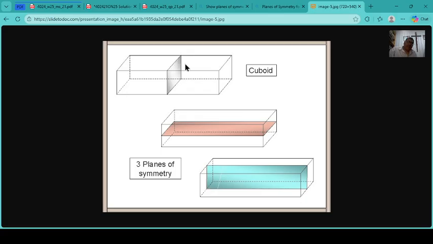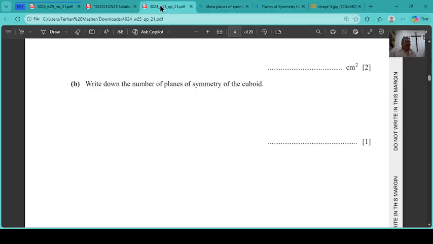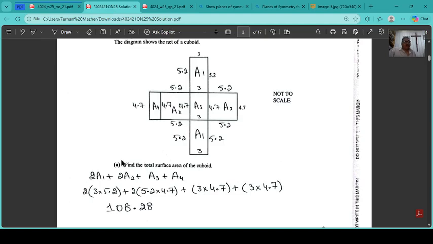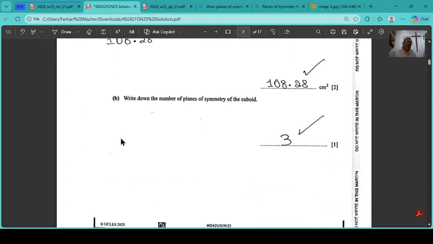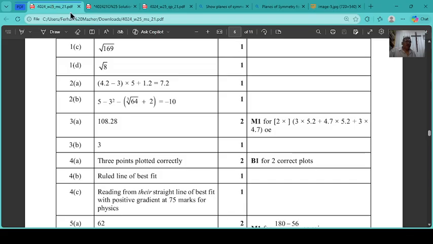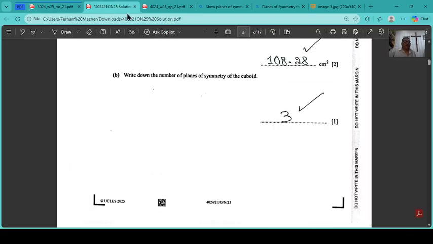If you make a cut along the diagonal, it will seem to you that the shapes are the same, but they are not. Actually, when you fold them, they do not match each other. Okay, so there are three planes of symmetry in a cuboid. So here we have written three planes of symmetry.